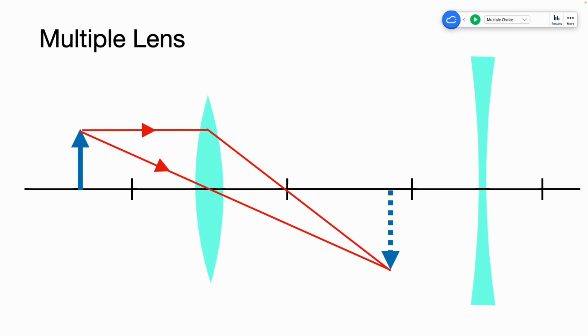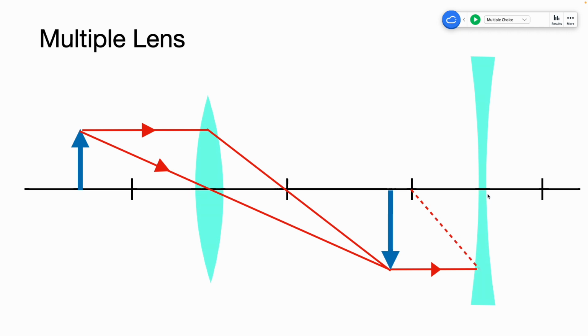It's the same as treating this image as an object, and you just draw the same diagram, like this image is an object. You just do the light ray diagram twice. In this case, the image is a point light source, and one of the light rays will be parallel after it forms an image.